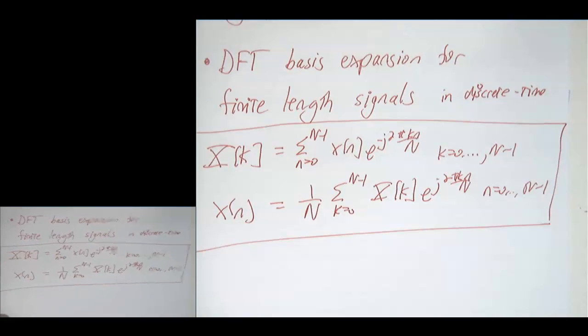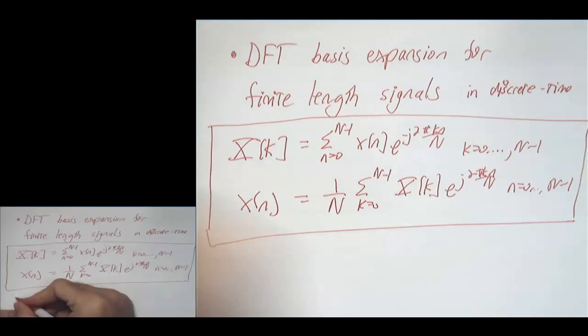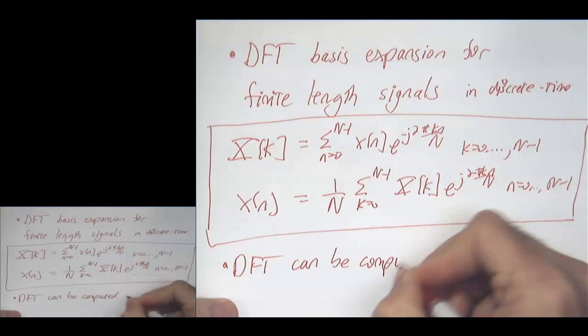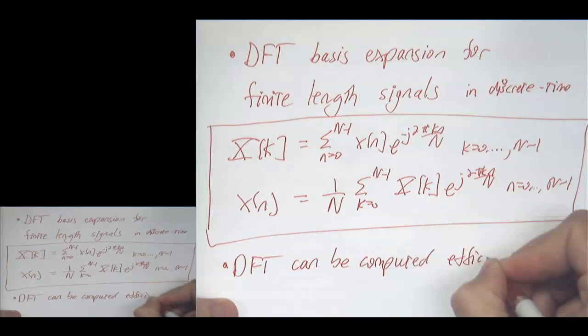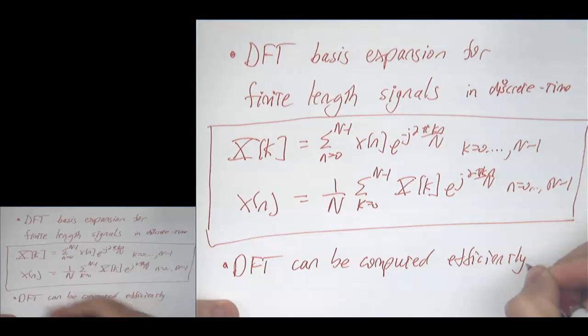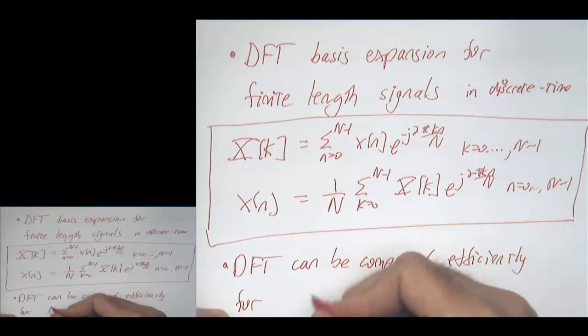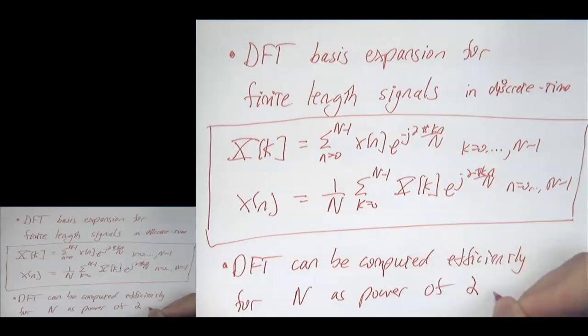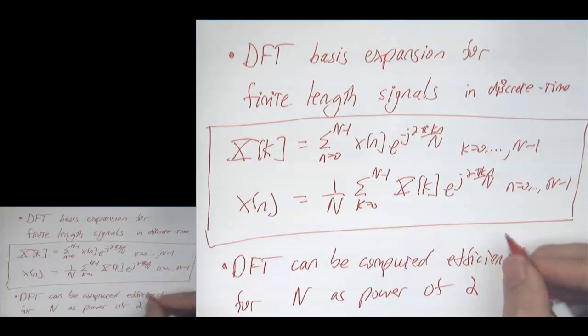And as you probably are aware, the DFT can be computed very efficiently for select powers of N. So computed for N as a power of 2. And there are generalizations of this, so N being a prime or a power of a prime can also be computed efficiently.